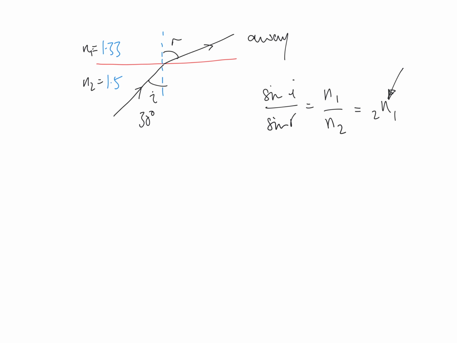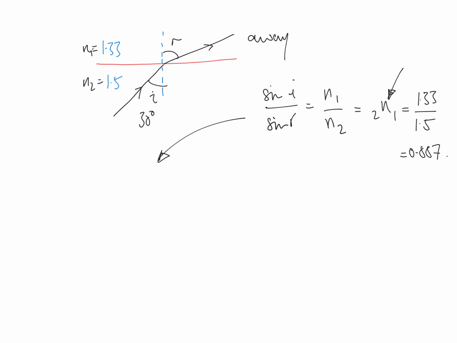Okay, and we're going to try and use this notation this time round. So that gives us 1.33 over 1.5. That gives us 0.887. So we're looking for the refracted angle again.